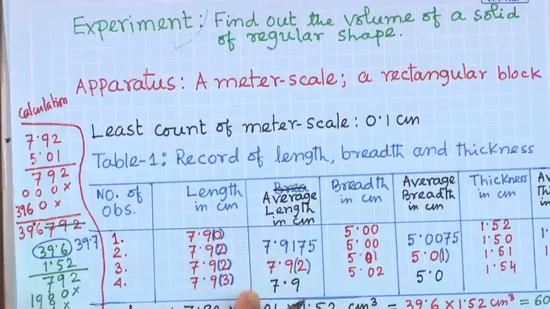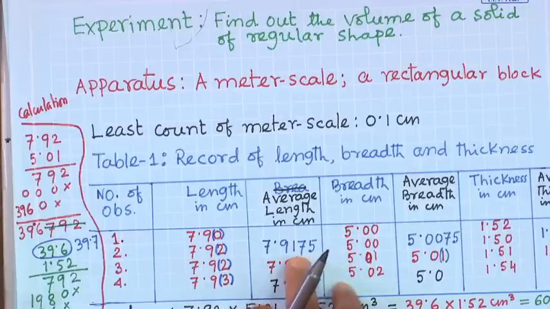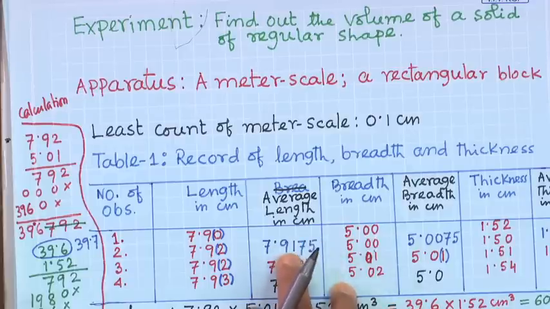If we divide by 4, 0.07 divided by 4 gives 0.0175, so we get 7.9175. If you use a calculator, it will also give 7.9175.